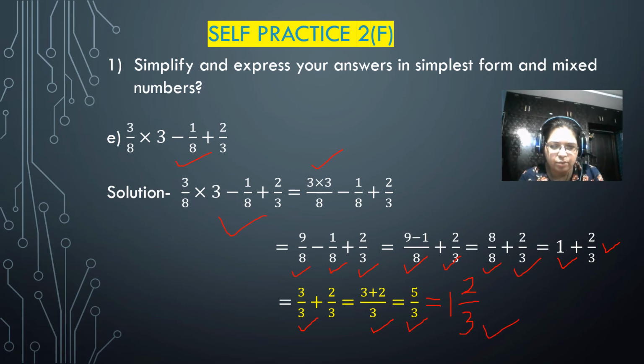So 5/3 equals 1 2/3, which is a mixed fraction. Now we get 3/8 × 3 − 1/8 + 2/3 equal to 1 2/3, which is in the simplest form, a mixed fraction.